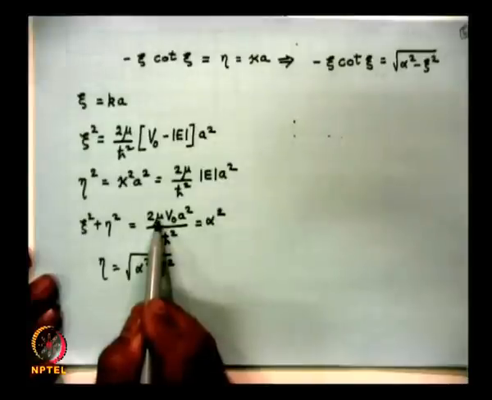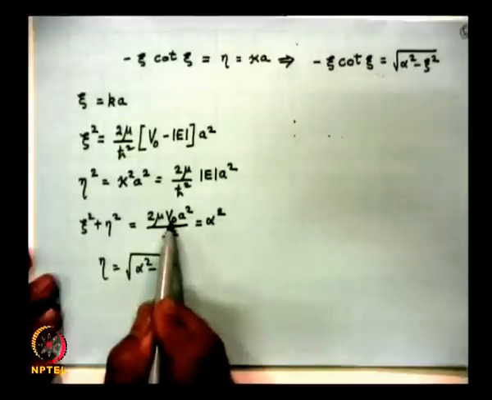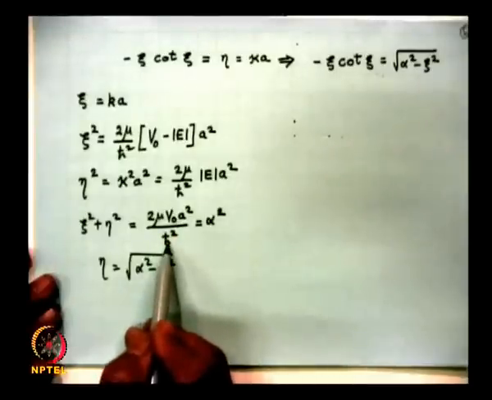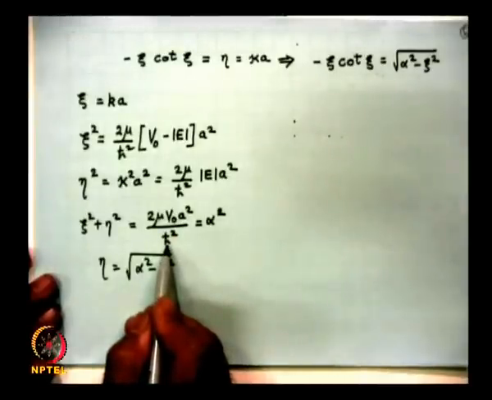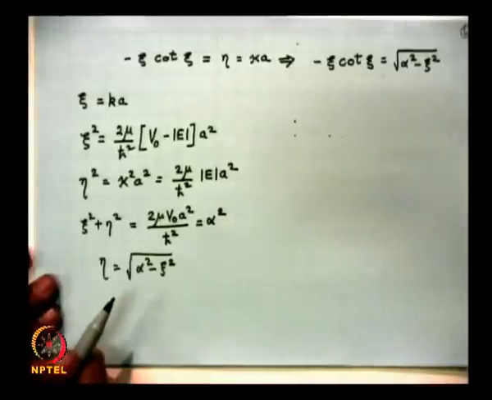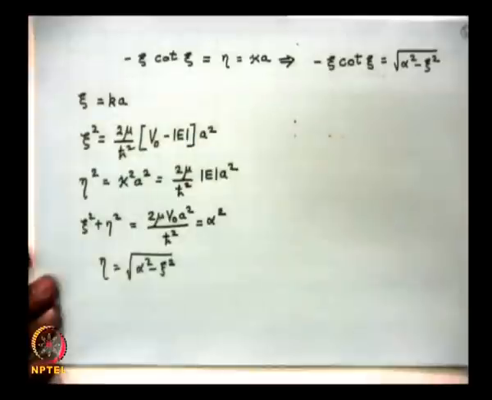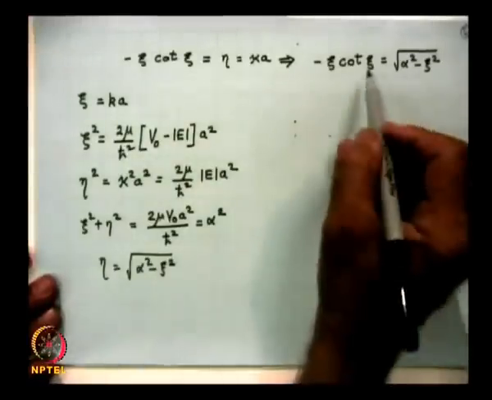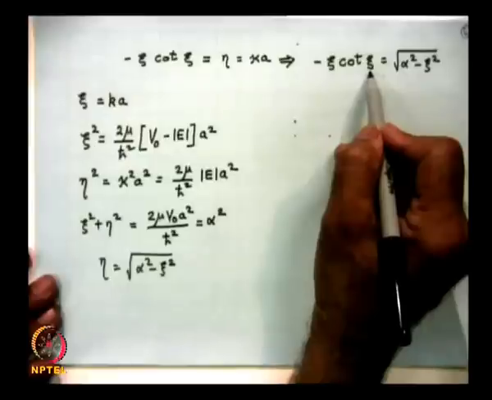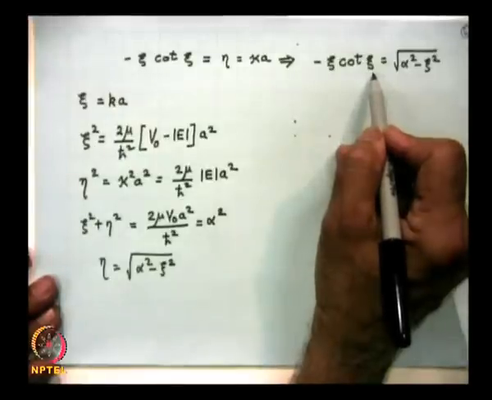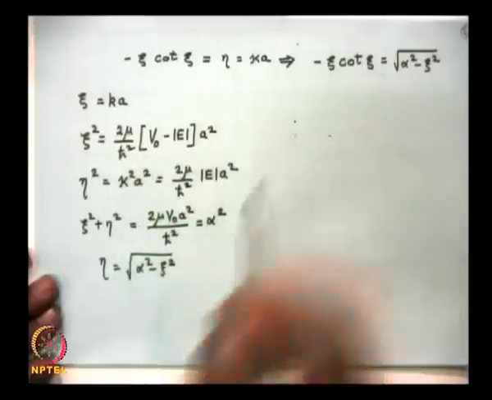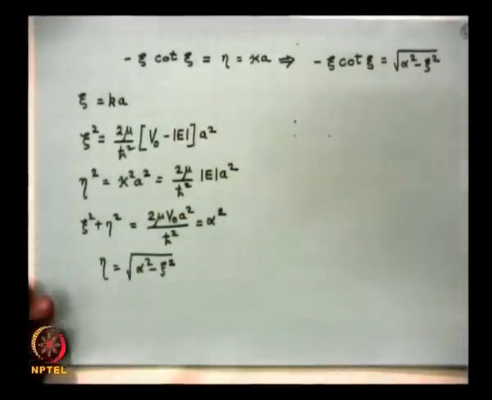For a given system, that is for a given value of the reduced mass, the potential energy depth, the range of the potential, and of course, Planck's constant is a constant, the value of alpha is known. So, for a known value of alpha, we have to solve the transcendental equation and obtain the value of xi. Once we obtain the value of xi, we can calculate the value of E.